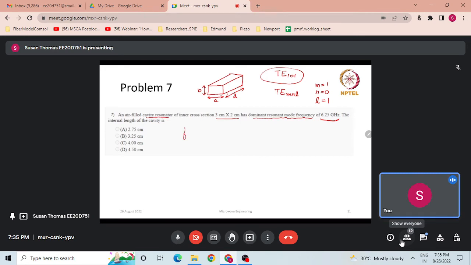The expression for resonant frequency is C by 2 into root of (M by A) the whole square plus (N by B) the whole square plus (L by D) the whole square. When we discussed waveguides, we had these two parameters m and n. Now one more parameter is added, which is the dimension along the z direction.